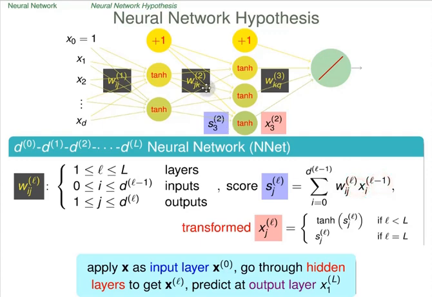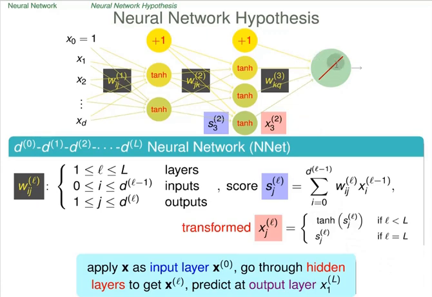And after passing through the tangent, we obtain the so-called transformed input-output. So the output of the first hidden layer, for example, will be denoted by x_j superscript 1. Then s at the next layer is defined when we take the inner product with the weight of the second layer, and so S3. The output of this layer then will be X3 after applying the transformation.